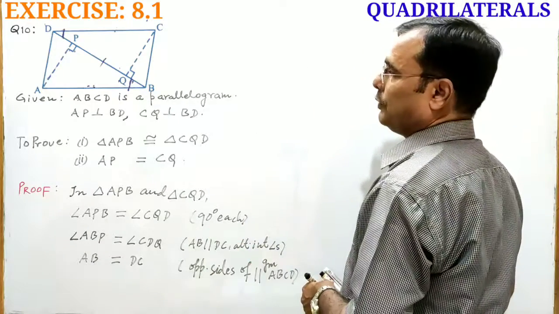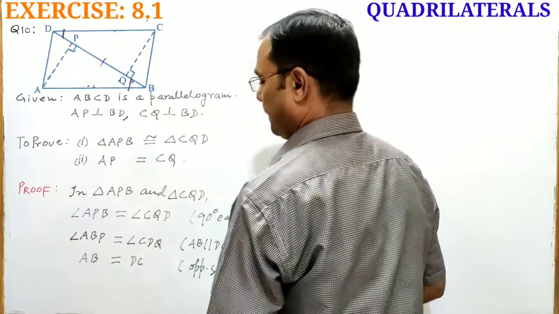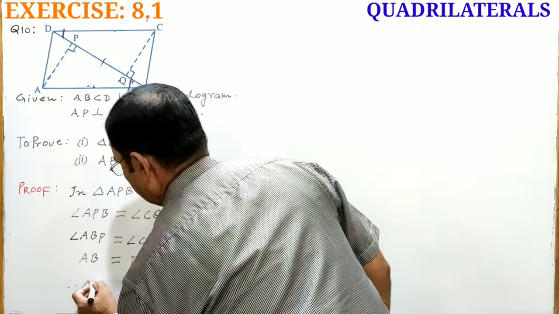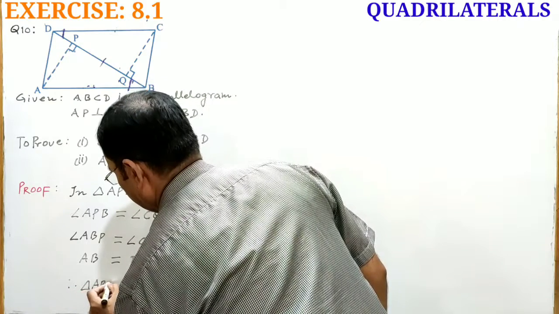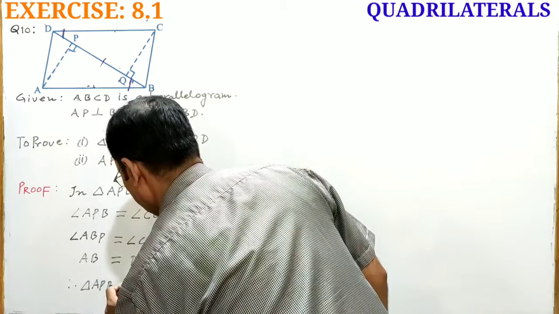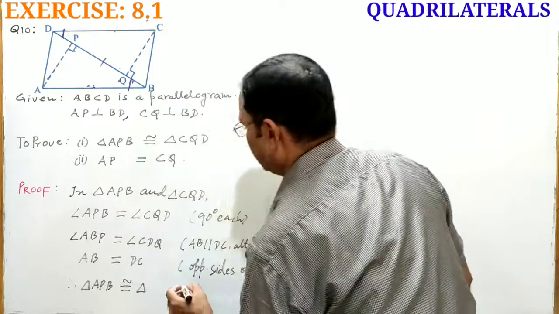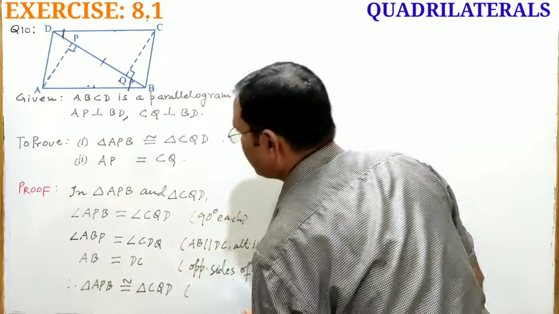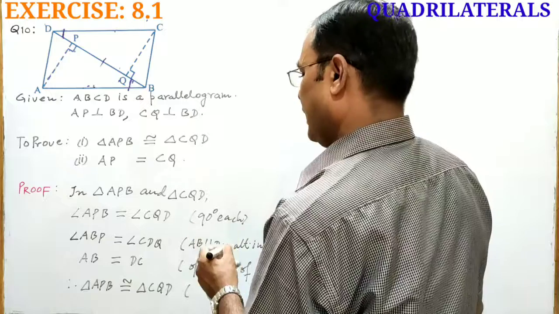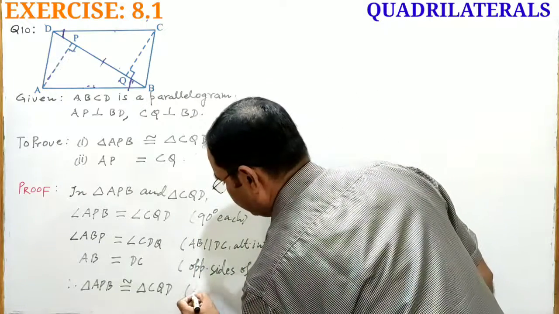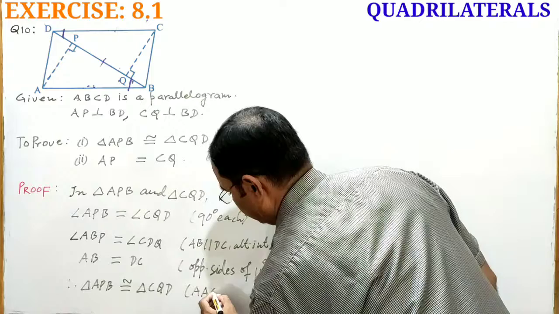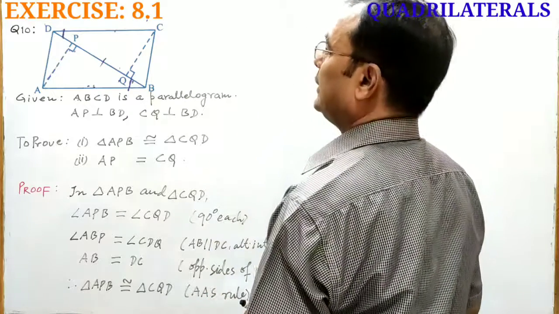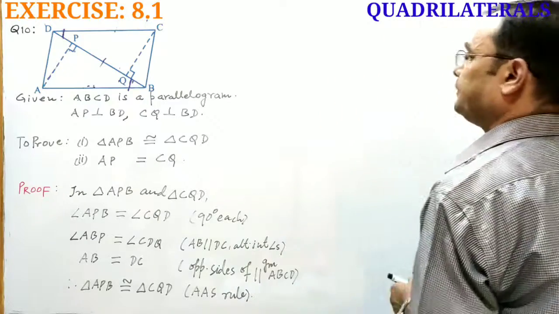So AB is equal to DC. Therefore, triangle APB is congruent to triangle CQD by angle side rule. And this proves the first part.